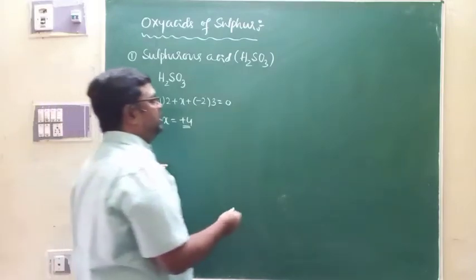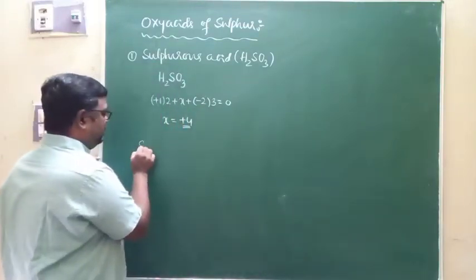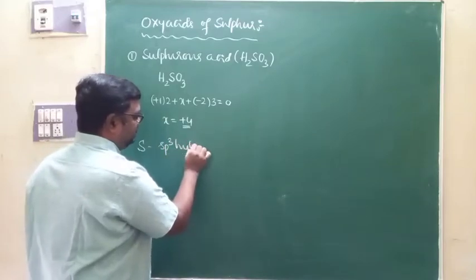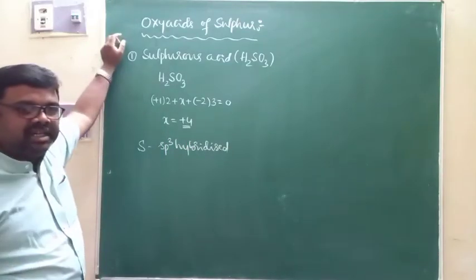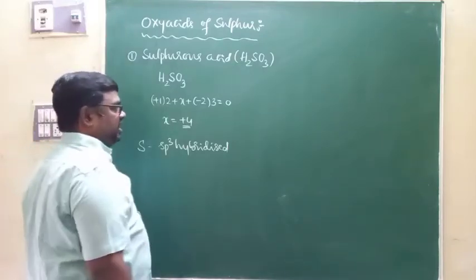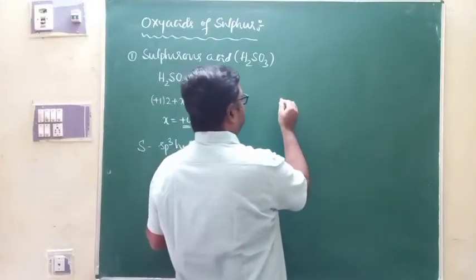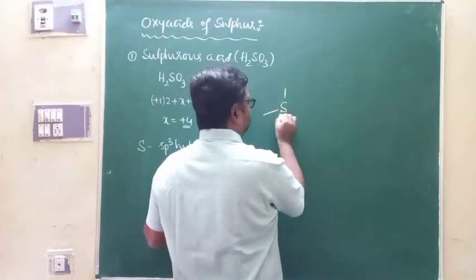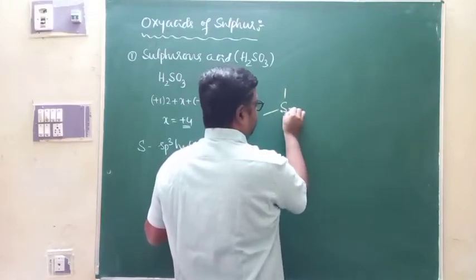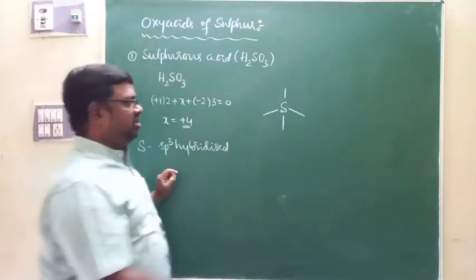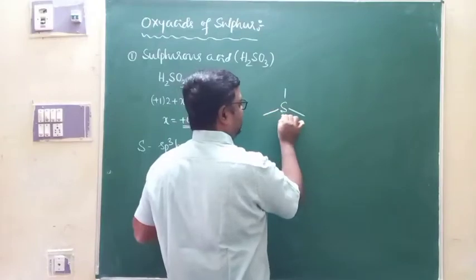In all oxyacids, sulfur will be sp3 hybridized. Whatever oxyacids I am discussing here, in all the cases sulfur is sp3 hybridized. Because of that, I can expect 4 groups to be distributed around sulfur in a tetrahedral fashion.